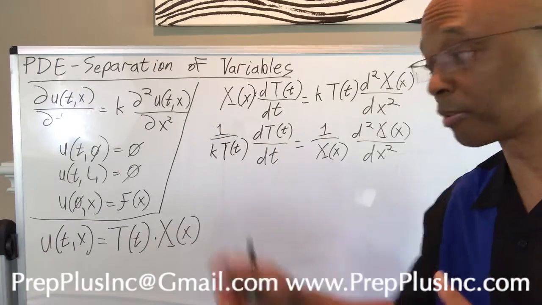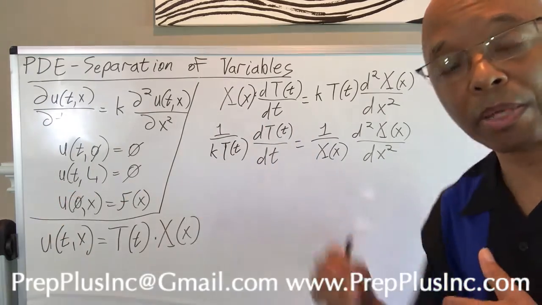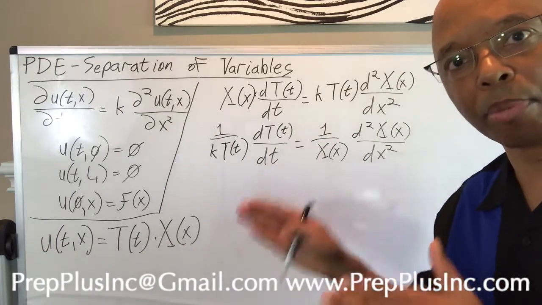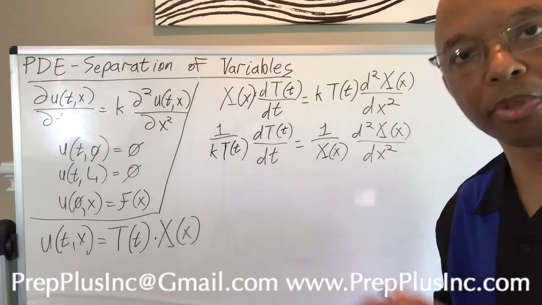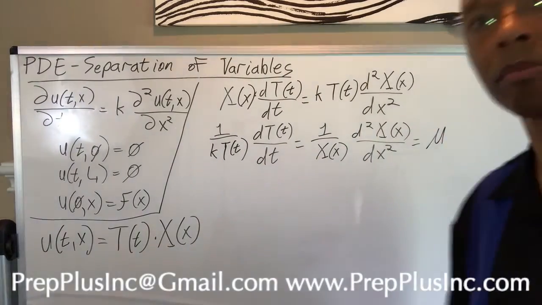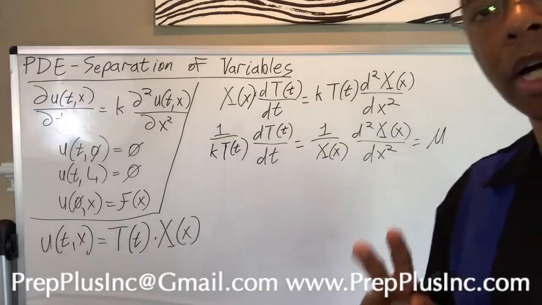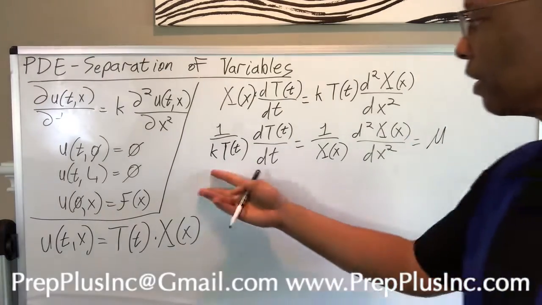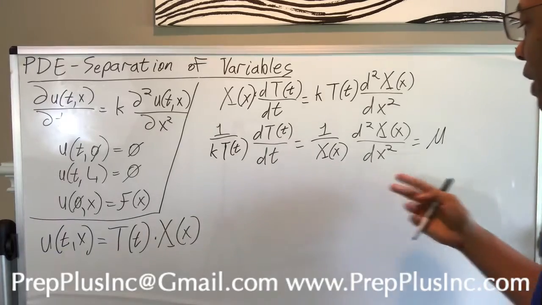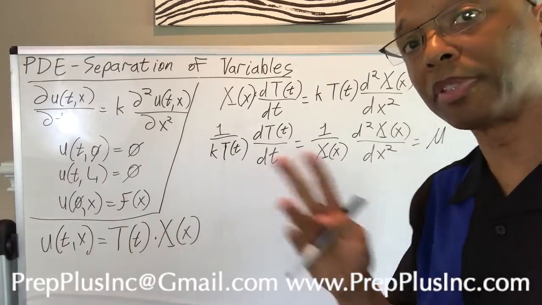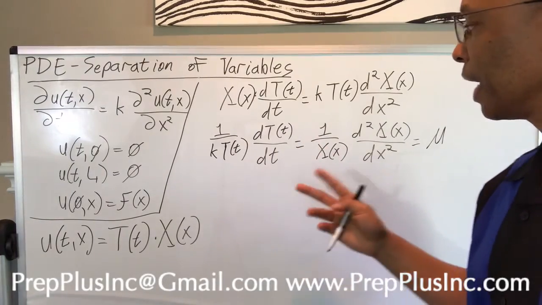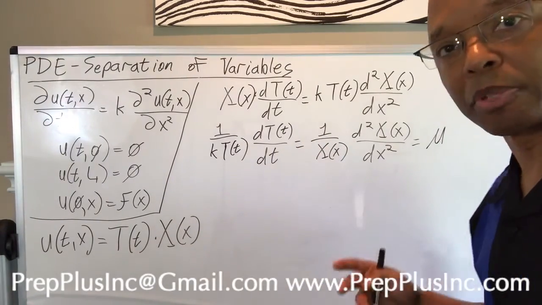The only way something with respect to time can equal something with respect to x is if both sides of the equation equal the same constant. We're just going to call that constant mu. Now this stuff is equal to mu, and this stuff is equal to mu. So now we've separated it into a problem with respect to time and another problem with respect to x.